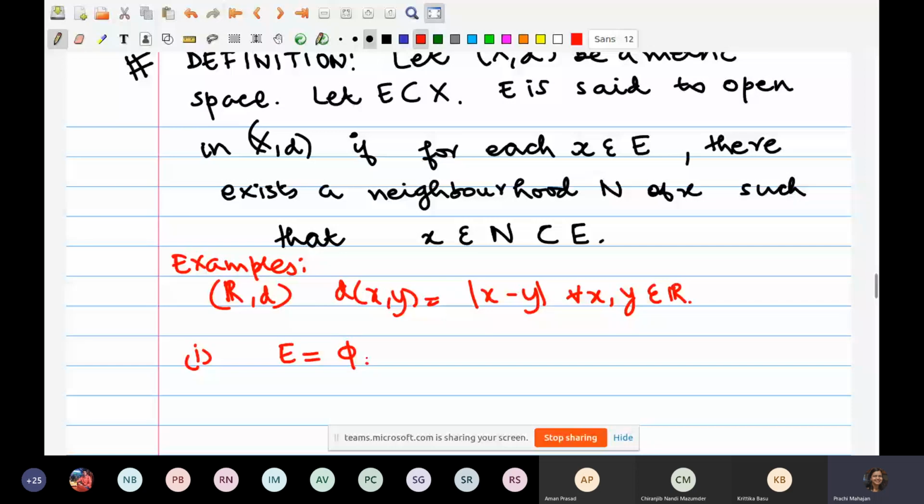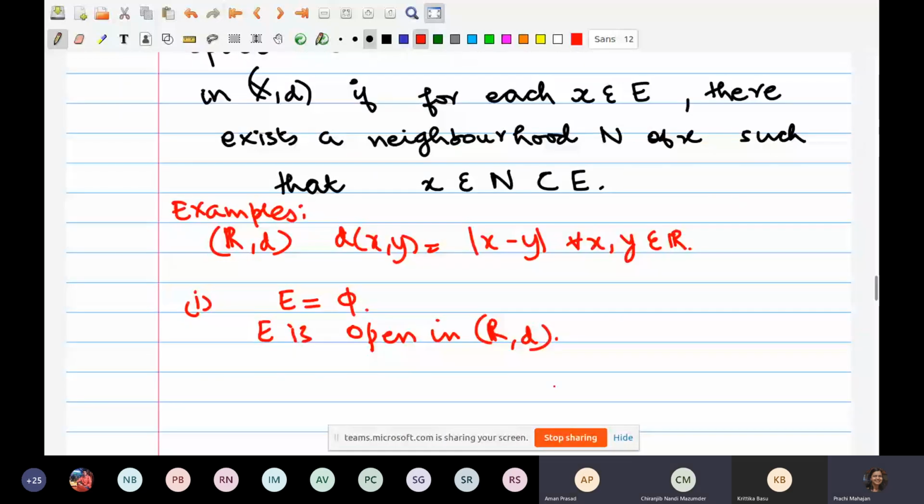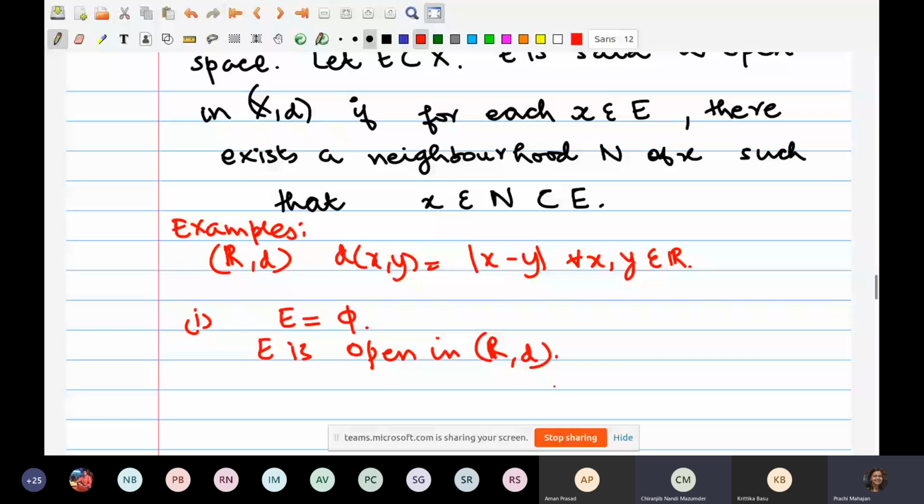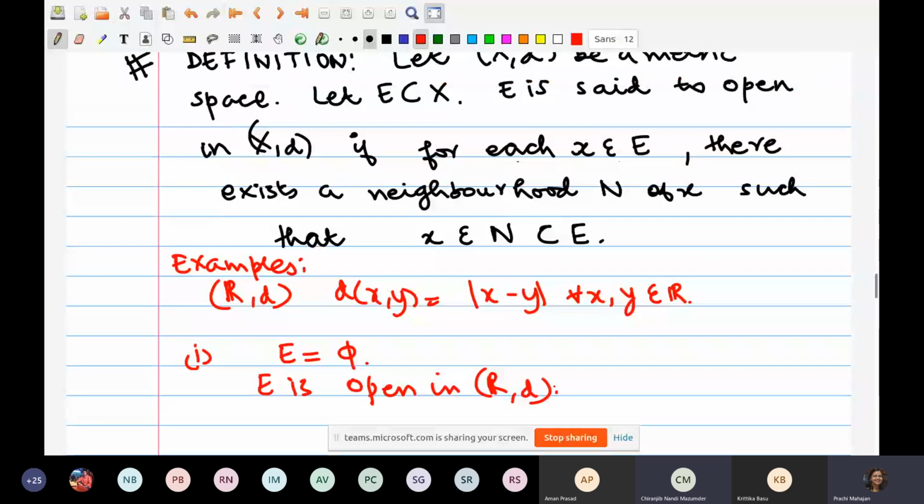So for this, we will say E is open. This is vacuously true. So I'll just write that E is open in (R, d). Everybody with me on this example?